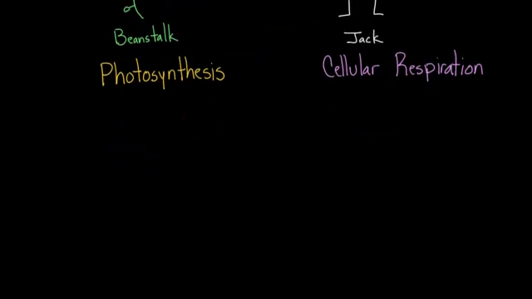So let's start with the process of photosynthesis, the beanstalk. On the one hand, you've got what? You've got water, because of course the beanstalk needs water. And you've got carbon dioxide, and I'm going to do carbon dioxide in orange. So it's taking in water and carbon dioxide.